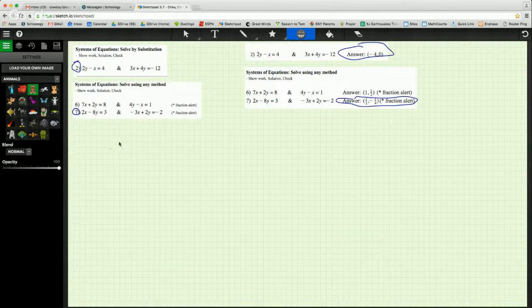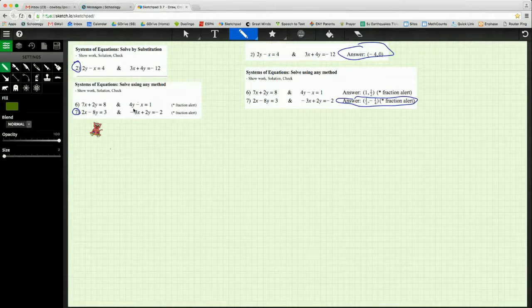Okay, now, here's the key. I don't like to solve by graphing because especially on a fraction alert, with fractions, don't use graphing.